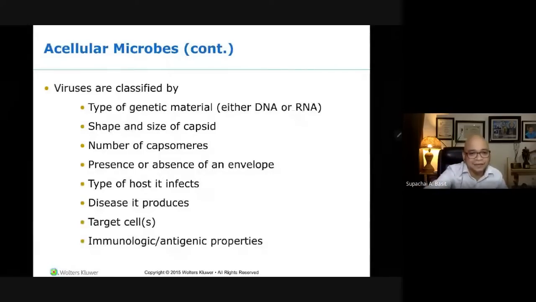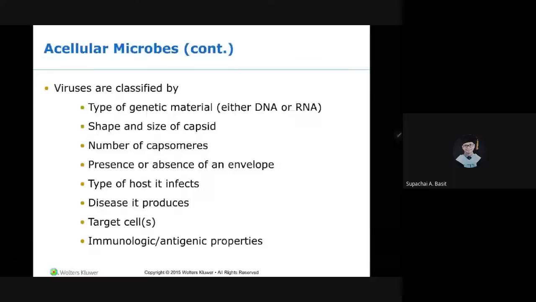Again, in summary, viruses are classified as either DNA or RNA viruses. We can also classify them according to the shape and size of the capsid and the number of capsomers. When we say capsomer, we are referring to the protein subunit.